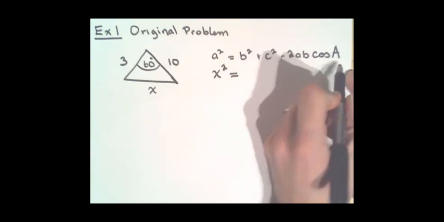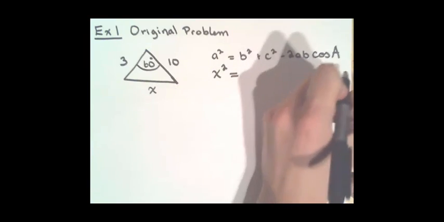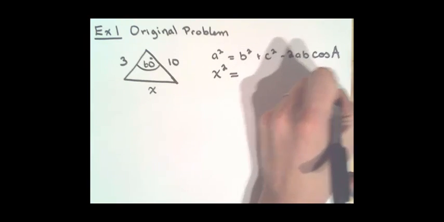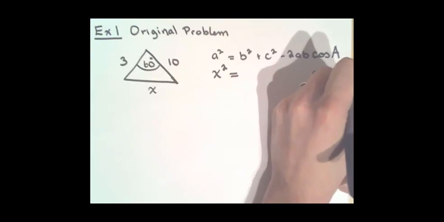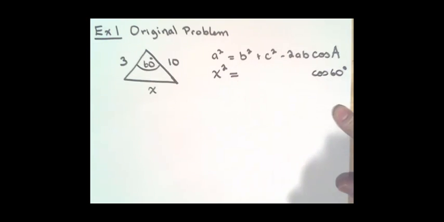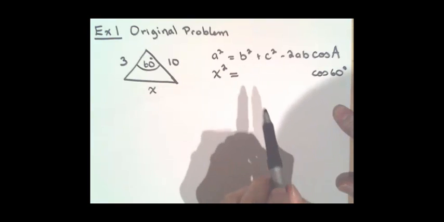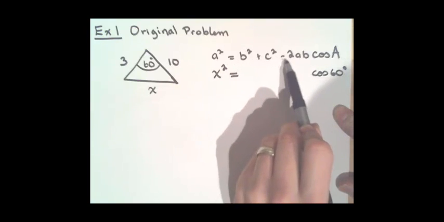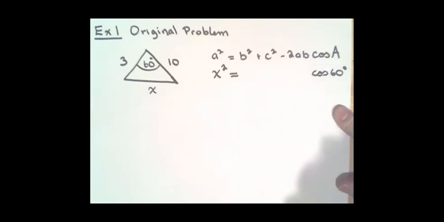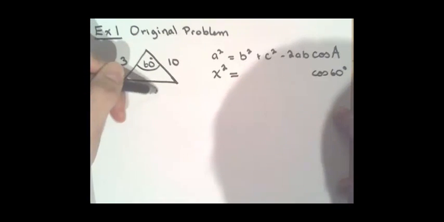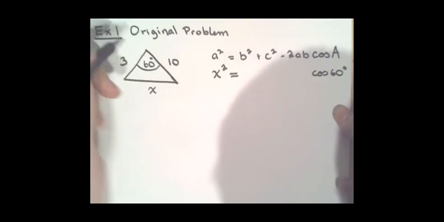So this here, that's x, corresponds with 60 degrees. So you know you're taking the cosine over here of 60 degrees. Then you're missing b squared plus c squared minus 2 times a times b. That's really easy to do because you always look for the side I want, and this corresponding angle.